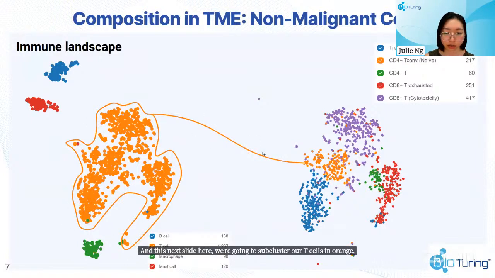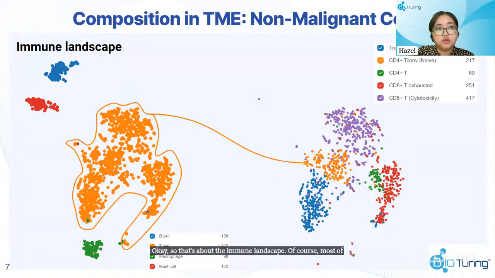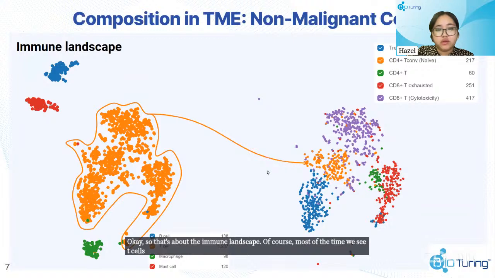And when we take a look at the subcell types associated with that cluster, we see cell types such as regulatory T cells, CD4 positive T cells, and CD8 positive T cells. Okay, so that's about the immune landscape. Of course, most of the time we see T cells because they perform crosstalk with the fibroblasts.